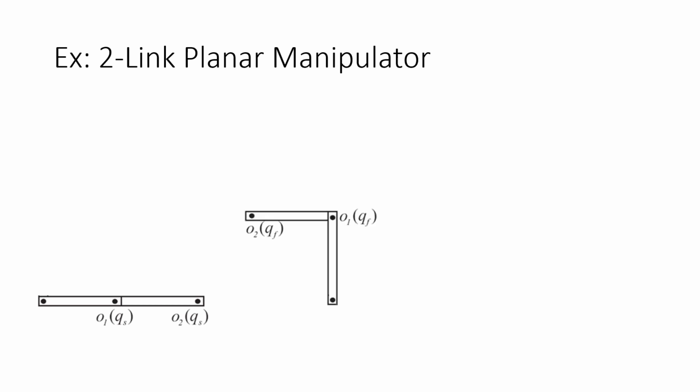We will consider the two-link manipulator again. We have the starting configuration of this manipulator to be like this. And we wish this manipulator to be oriented in this fashion in the final configuration. And on top of that, we have realized that there is one obstacle in the vicinity of O2, which is structured like this.